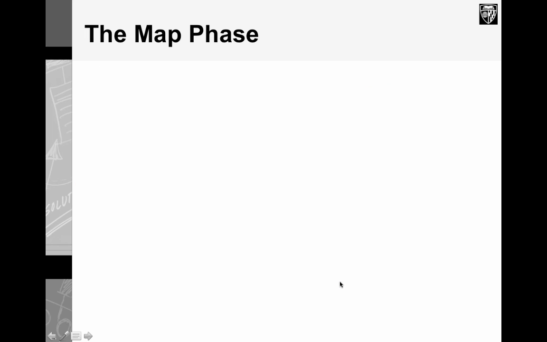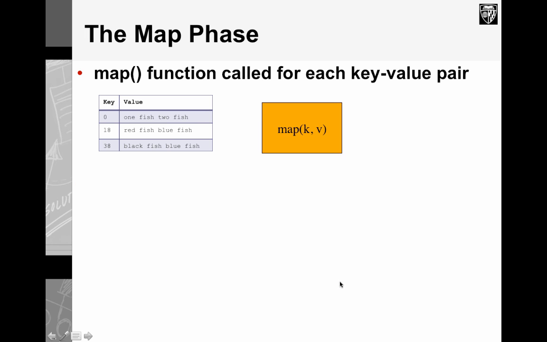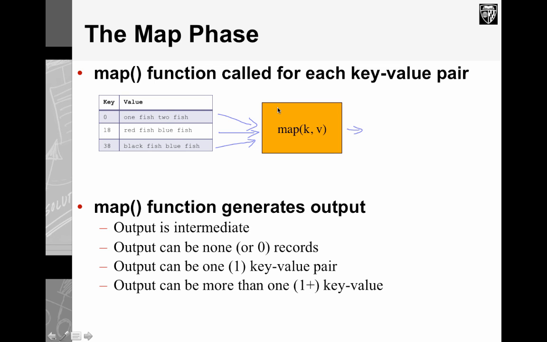So let's look at what happens in the map phase. Each line is sent to the mapper. The mapper does the processing and generates the output, so each record is processed by the mapper. The map function output is intermediate.